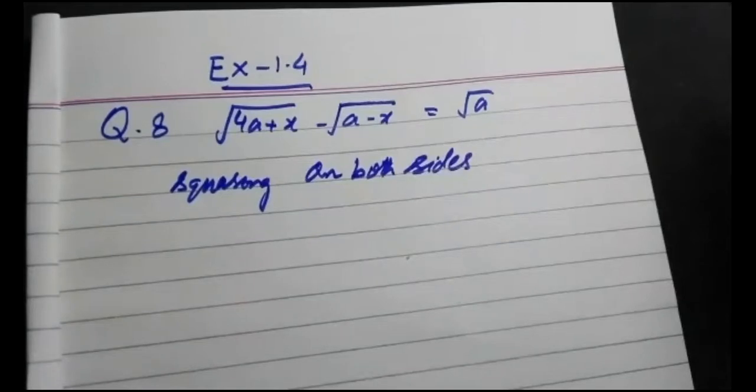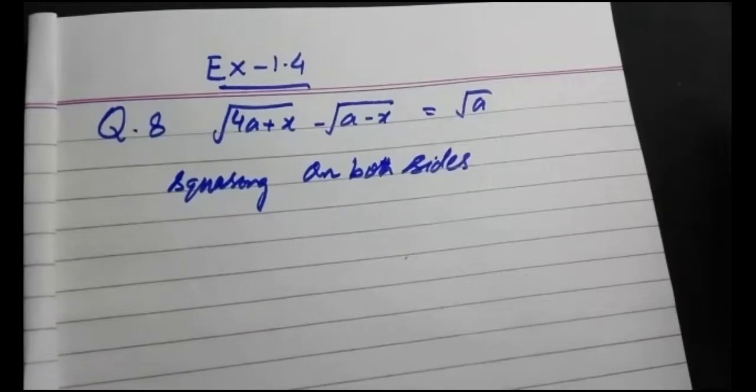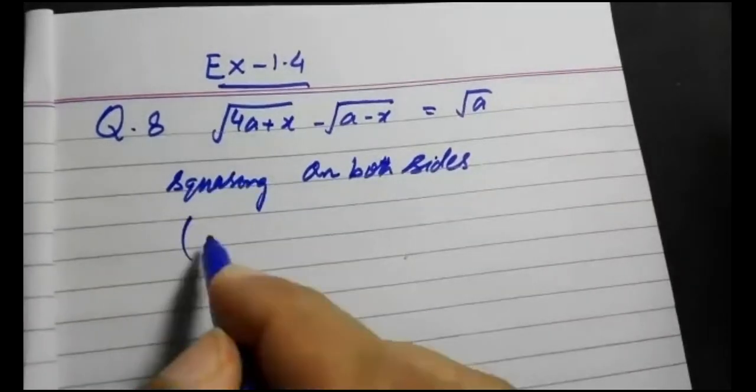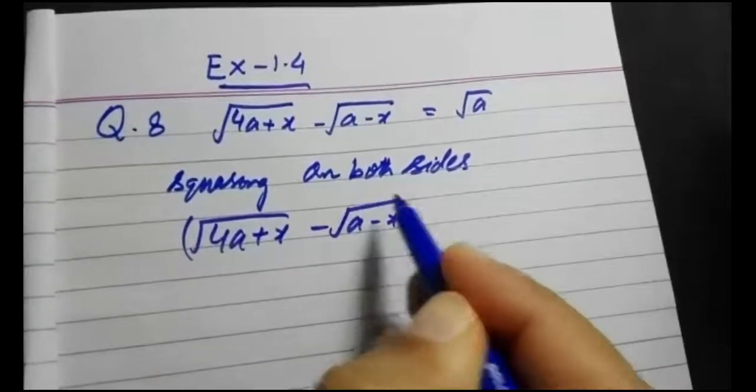Once you take the square on both sides, squaring will be done like 4a plus x minus a minus x whole square.